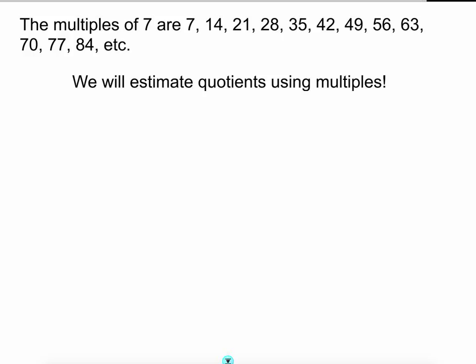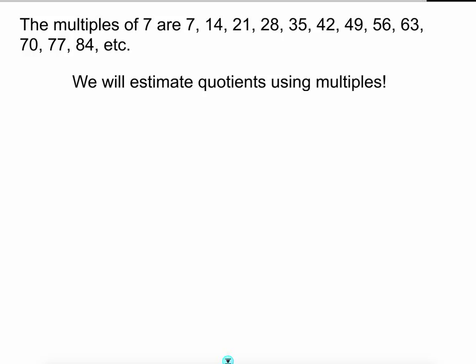So first, we have to know what multiples are since we're using that strategy. So multiples, for example, the multiples of 7, are basically the multiplication facts, skip counting. So if I skip count by 7, that will give me the multiples. So the multiples of 7 are 7, 14, 21, 28, 35, 42, 49, 56, 63, 70, 77, 84, and I can continue this pattern of multiples by just keep adding 7.